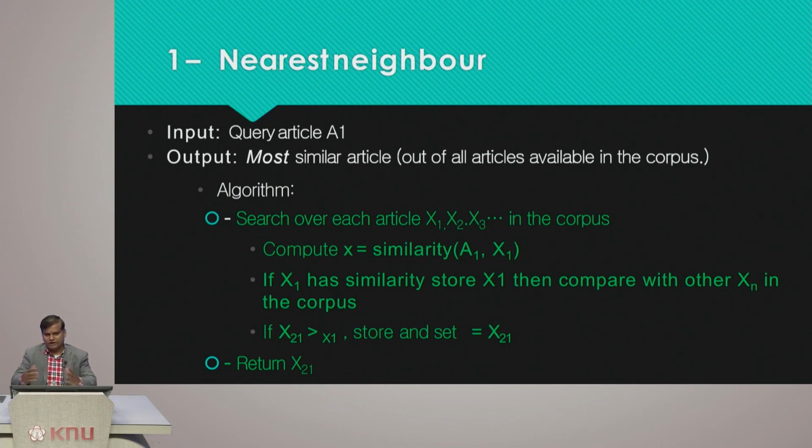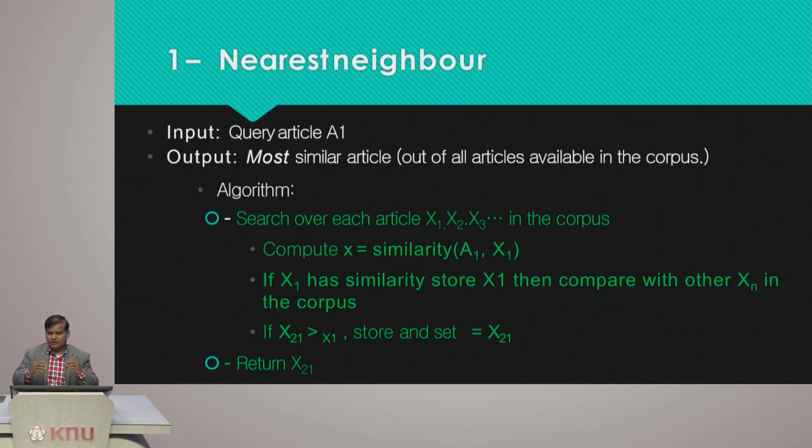This algorithm is quite simple. It just searches over each article. Say you have 100 articles in the corpus, x1, x2, x3, and each one you are trying to compare with the query article.